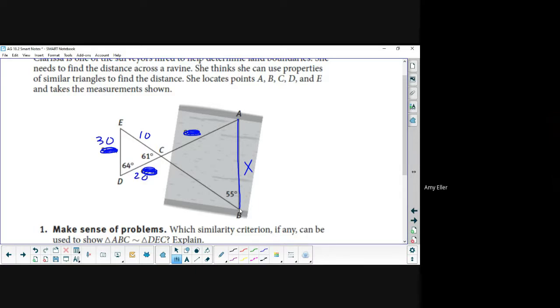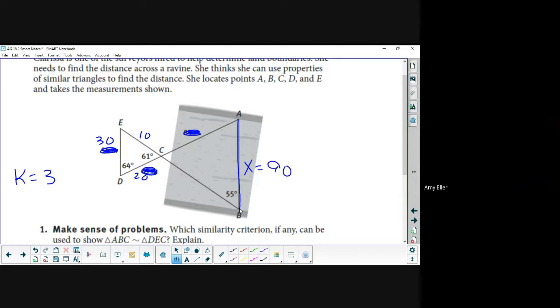And let's say that this figure is maybe 3 times as big. Well, if these are similar, and this one's 3 times bigger than this one, wouldn't this have to be 3 times 30 or 90? See what I'm saying?